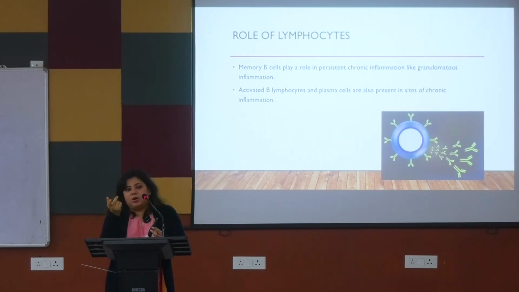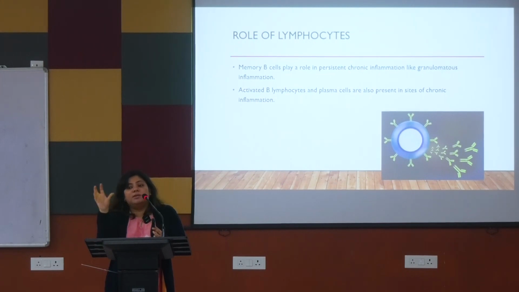You will study thyroid in your paper 2, right? Next semester you will study thyroid, you will study rheumatoid arthritis. So in thyroid, there is a kind of thyroiditis called Hashimoto's thyroiditis. You've heard of Hashimoto's thyroiditis? Yes. What happens is there is tertiary lymphoid follicle formation. This is also a kind of chronic inflammation.